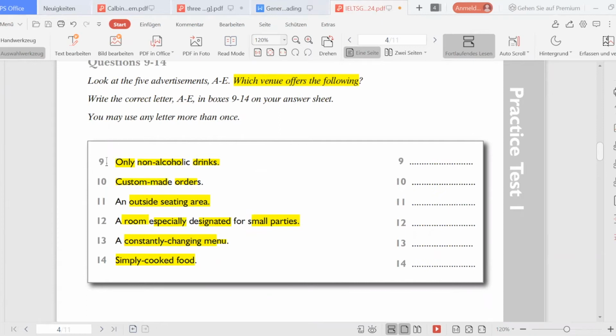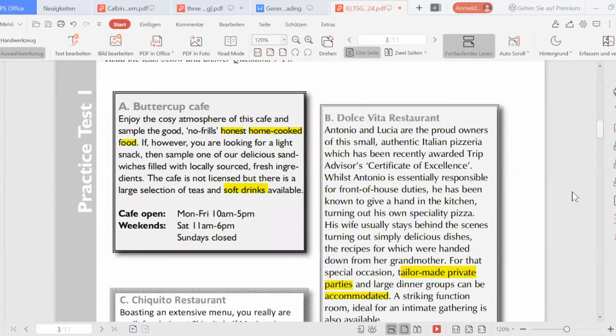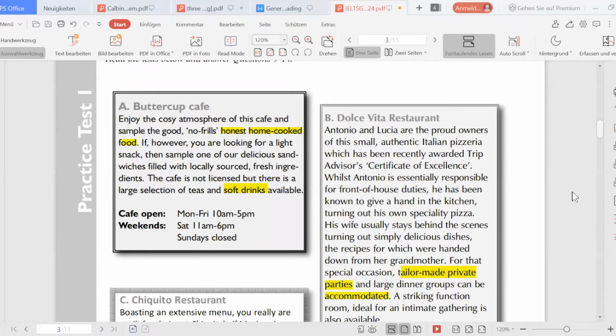So number 9 says only non-alcoholic drinks. Okay, so which one? So you go through A, okay, and then you start to read through, scanning for only and then non-alcoholic drinks. So we're so lucky to see that already in A, we've got a talk of soft drinks, okay?